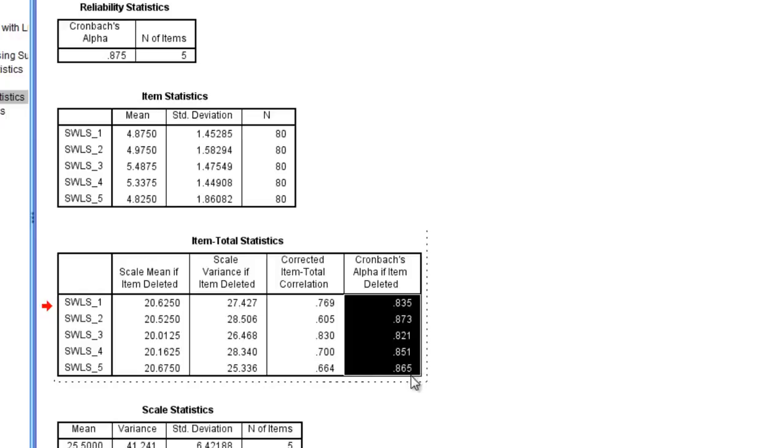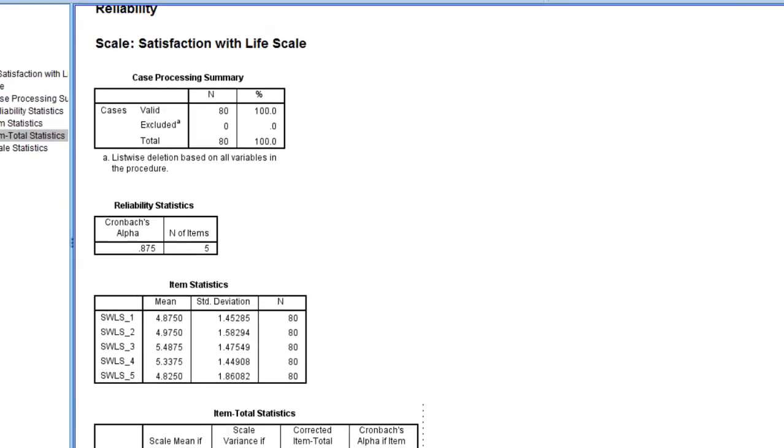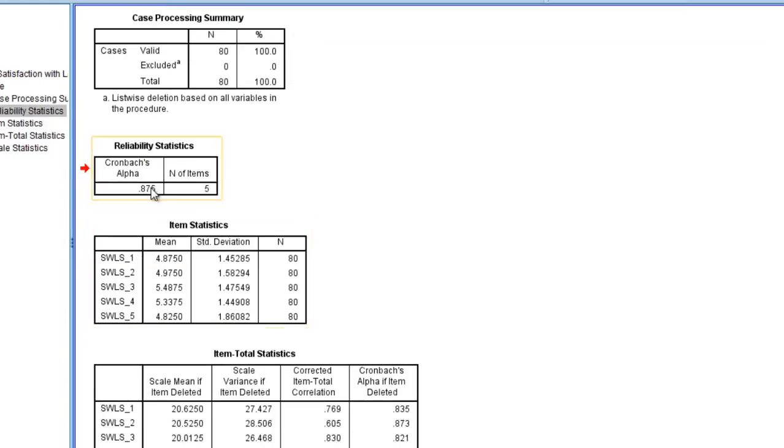But when we use established scales, unless we're in the process of conducting some type of validation study and we're making suggestions as to how to modify a scale, you typically don't want to be removing items and so forth. Okay, so in summary, the coefficient alpha, once again, for the satisfaction with life scale in this hypothetical example was very good at 0.88.